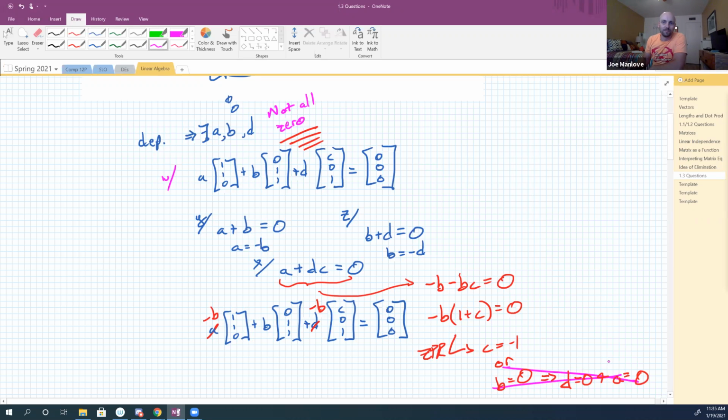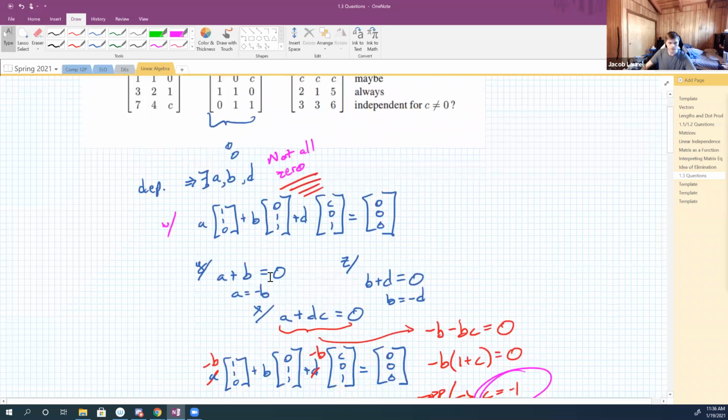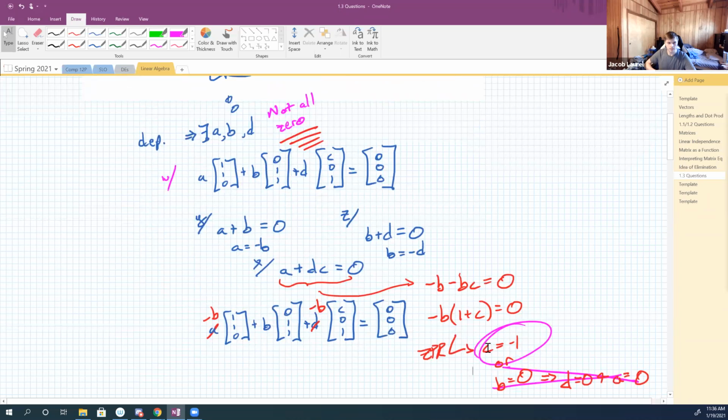So in the end, for the middle one, I end up with C is -1. If D is equal to -B and C is -1, that means you'd have non-0 for the topmost part of your 0 vector. Oh, but I just realized A is also -B as well, so never mind.